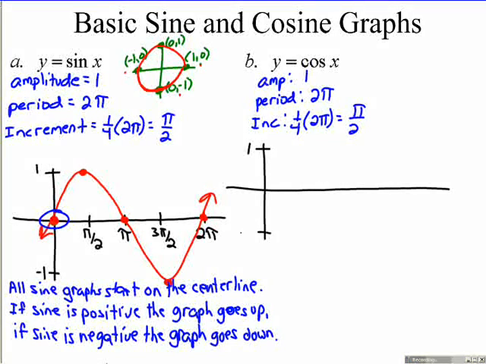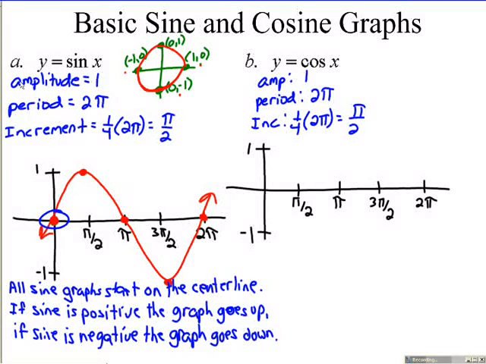Amplitude of 1, critical points 0 plus pi over 2, pi over 2 plus pi over 2, pi plus pi over 2, 3 pi over 2 plus pi over 2. There's our critical values. For this first one, again, we're going to go to the unit circle to get where our points are on our graph.